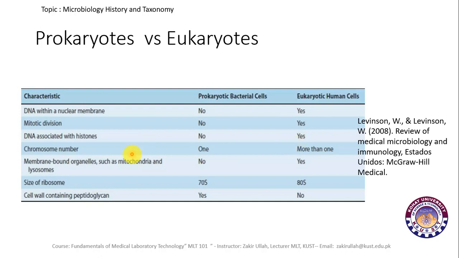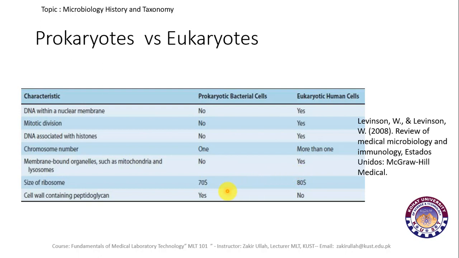The chromosome number: the bacterial chromosome number is 1, but a human eukaryotic cell has more than 1 chromosome. Membrane-bounded organelles, for example mitochondria and lysosomes, are absent in the prokaryotic bacterial cell and present in the eukaryotic human cell.